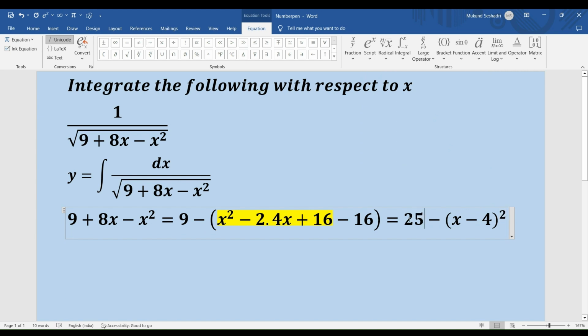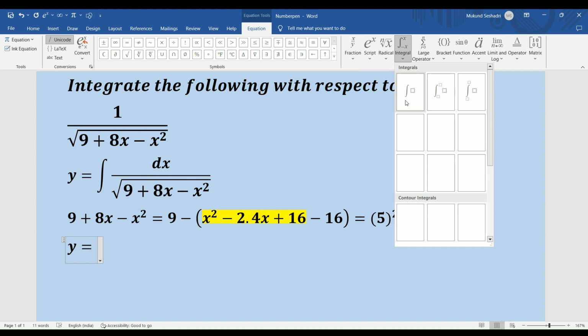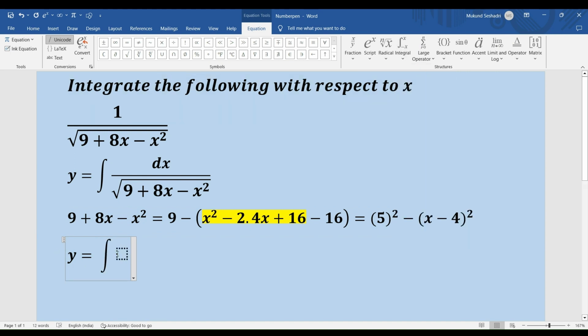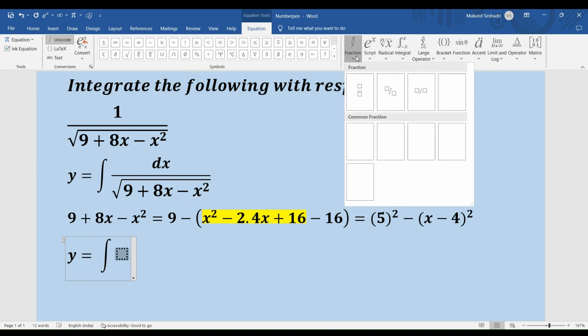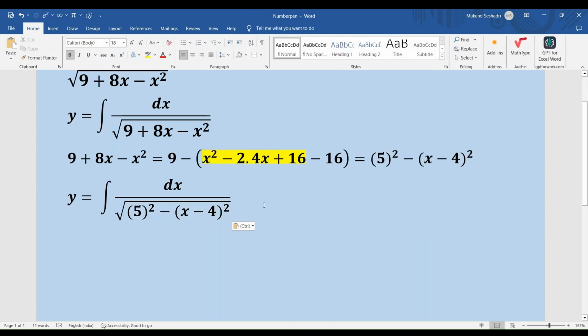I hope you folks are with me. So let me go back to my y, write it in the format we just arrived at, right? So my numerator is still dx, but my denominator inside the square root becomes a 5 square minus x minus 4 the whole square. So that's my y.